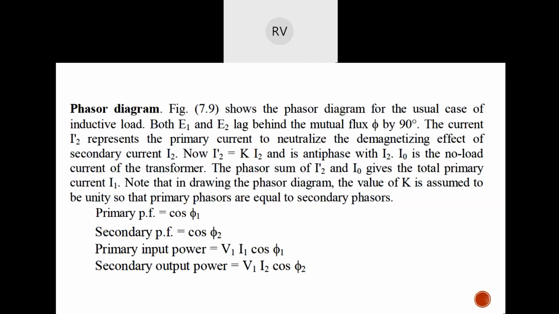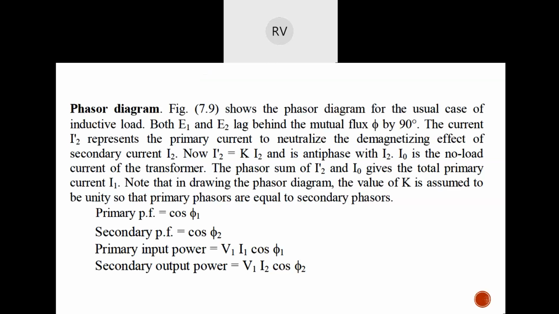Now let us see the phasor diagram in this case. Figure 7.9 shows the phasor diagram of the usual case of the inductive load. Both E1 and E2 lag behind the mutual flux by 90 degrees. The current I2 dash represents the primary current to neutralize the demagnetizing effect of I2.